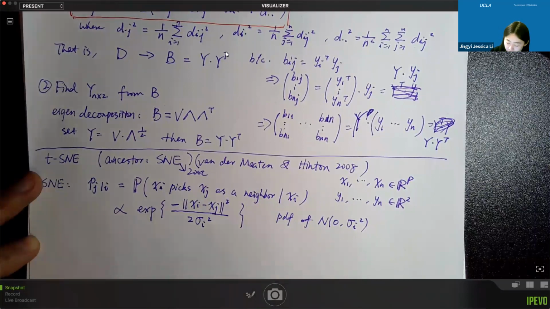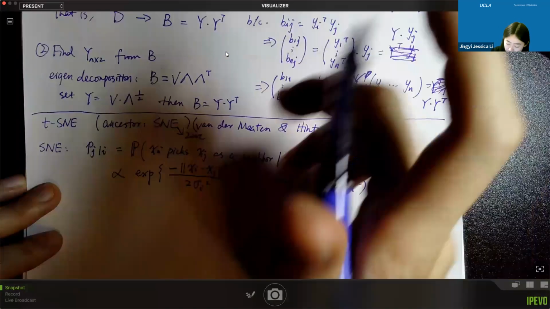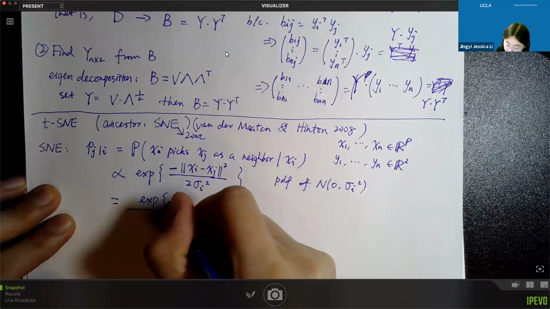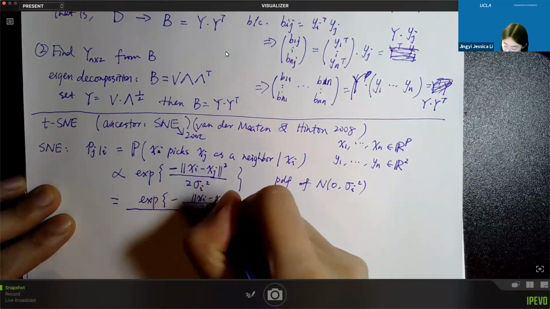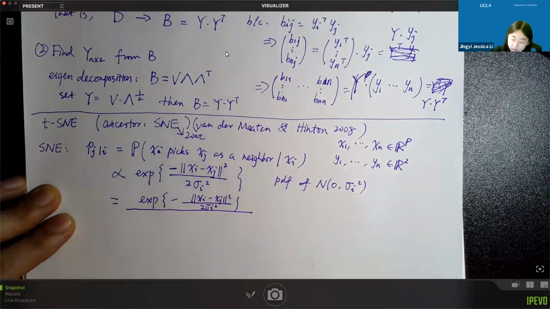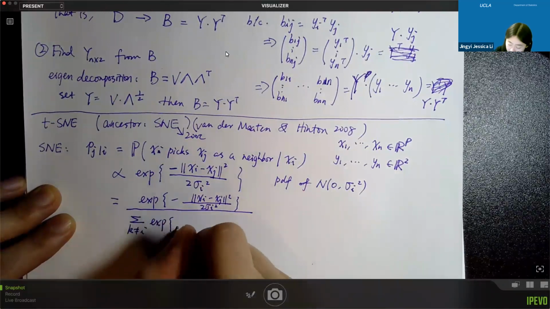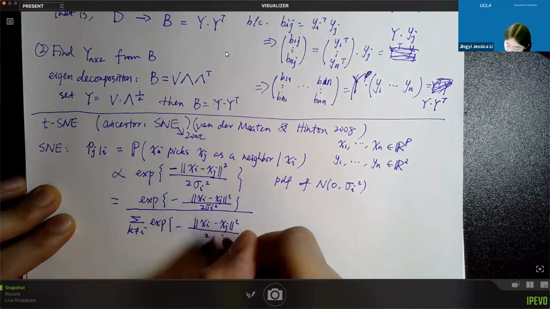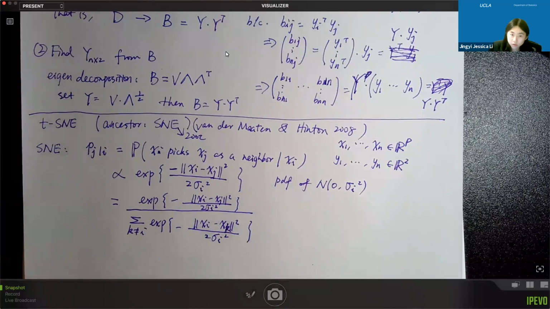So for normalization purposes, the numerator stays, I'm going to keep it as this. And for the denominator, I am going to take the summation over all points k not equal to i, the summation of the density of x_k, with sigma_i squared. Okay, that's the high dimensional version.